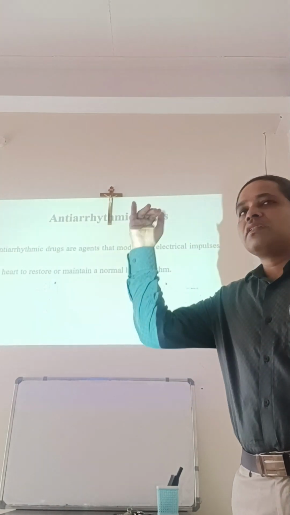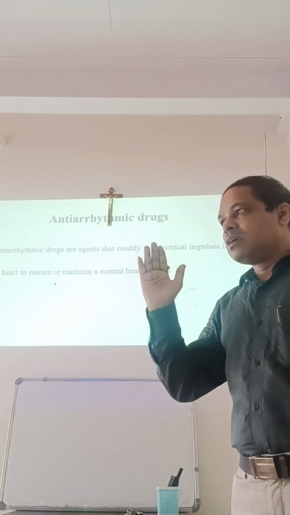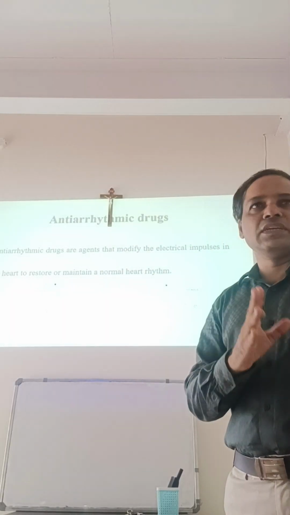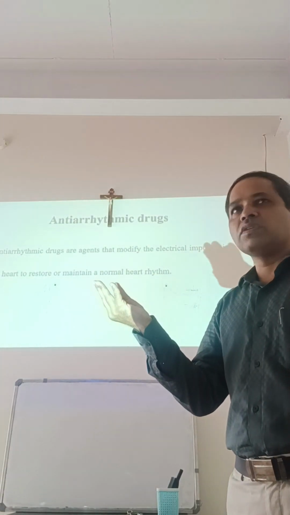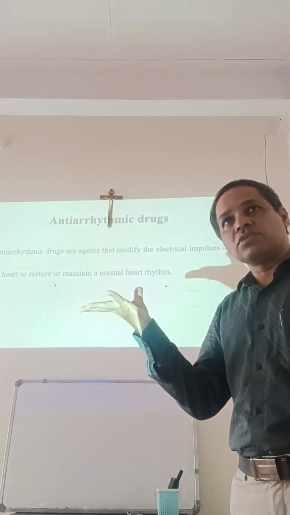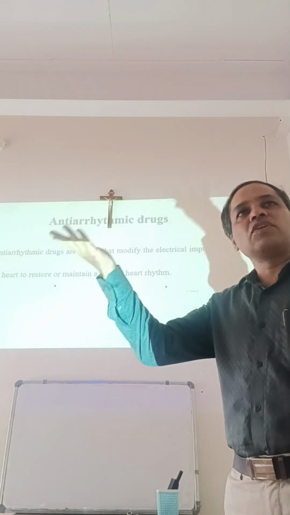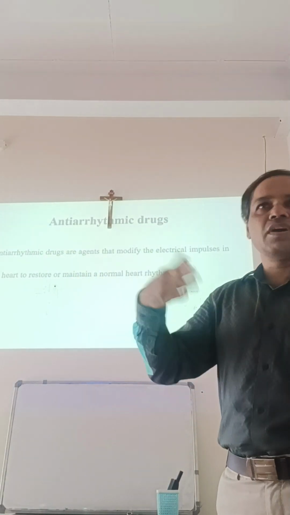When there is no contraction, there is no output. If the heart rate reduces, output is also reduced because it is very slow. Fast also reduces output because it is just shaking, not pumping. In both cases, cardiac output is reduced, whether it is slow or fast.